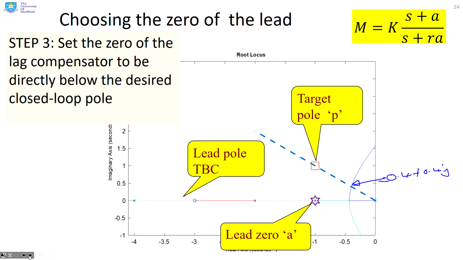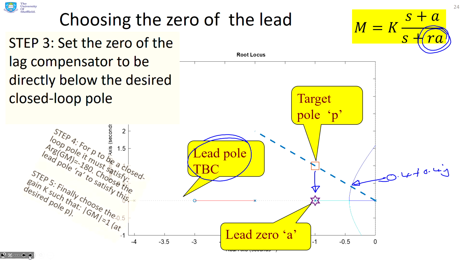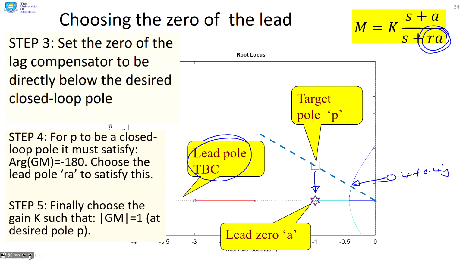And then you notice we've put the target zero to be on the real axis directly below that target pole. So that's given us the value A. And our question now is, where am I going to put the pole? Where am I going to put this R term? So what we do is we use the angle criteria.